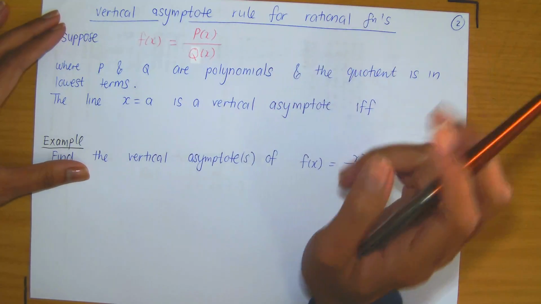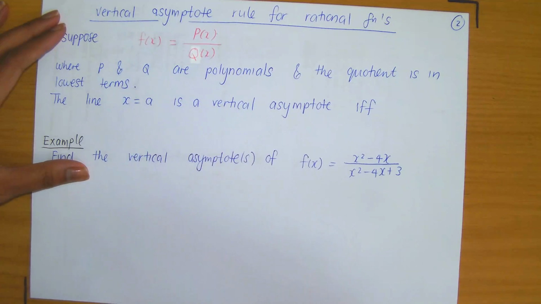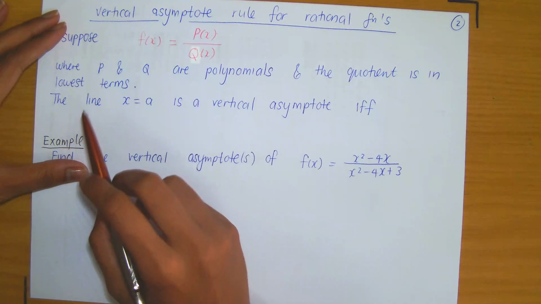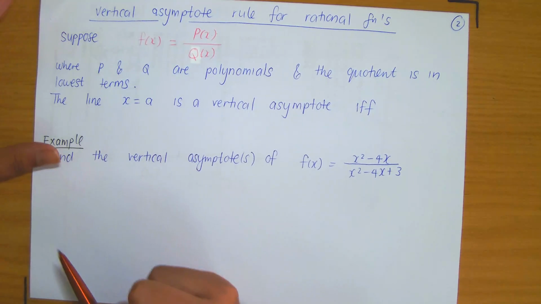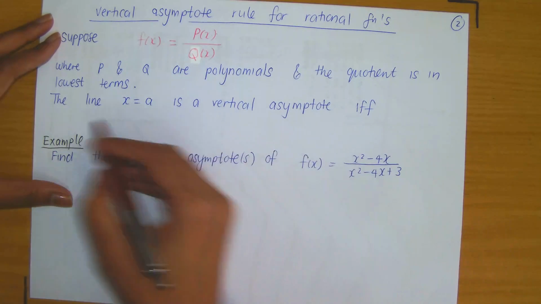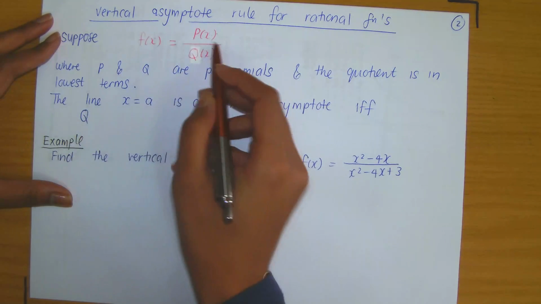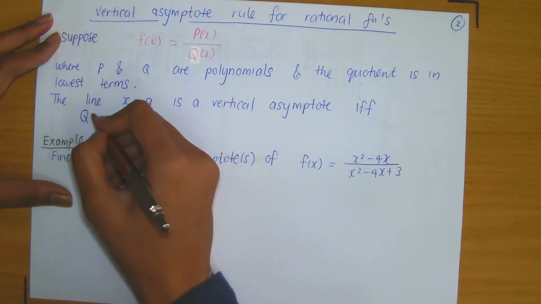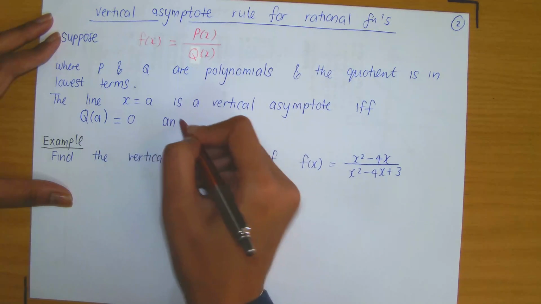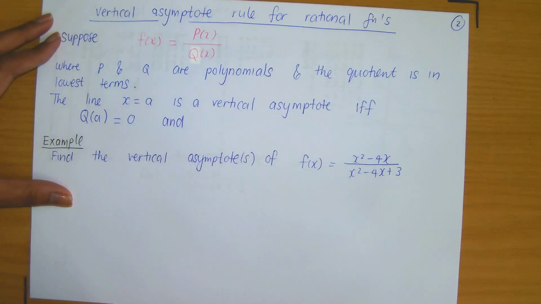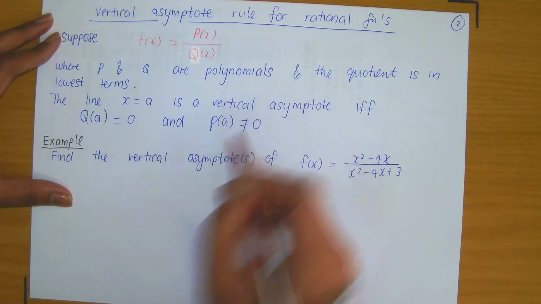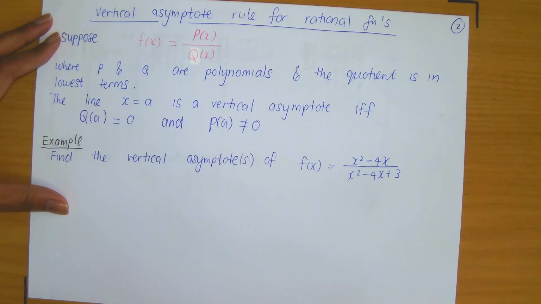And if this rational function is in its lowest terms, then we say that the line x equals a is a vertical asymptote if and only if the polynomial in the denominator evaluated at a equals 0, but when we evaluate the numerator polynomial, meaning p at a, then it's not equal to 0. This is the criteria that must now be satisfied.